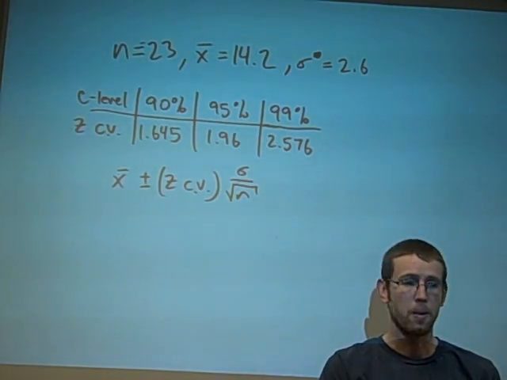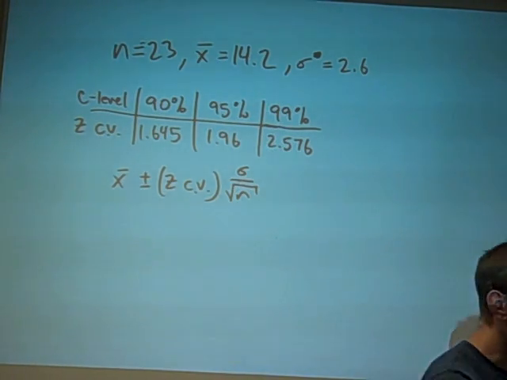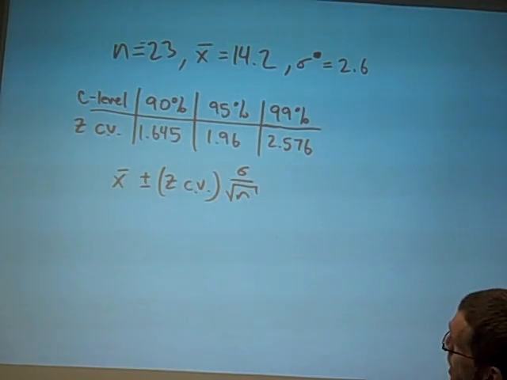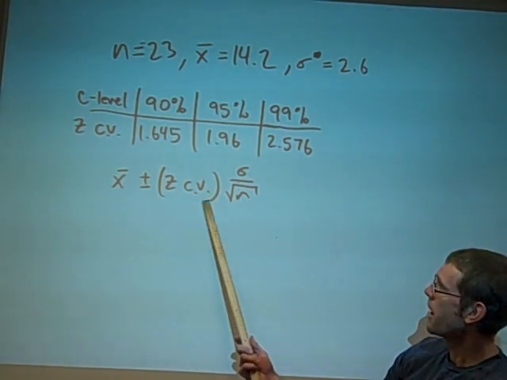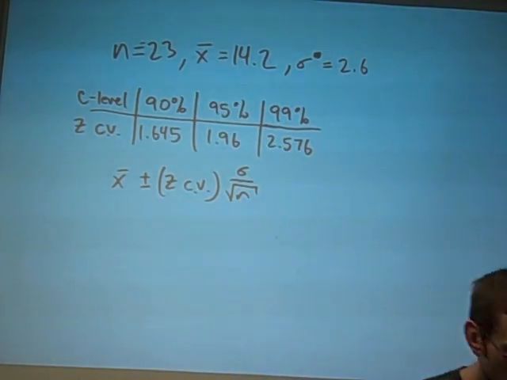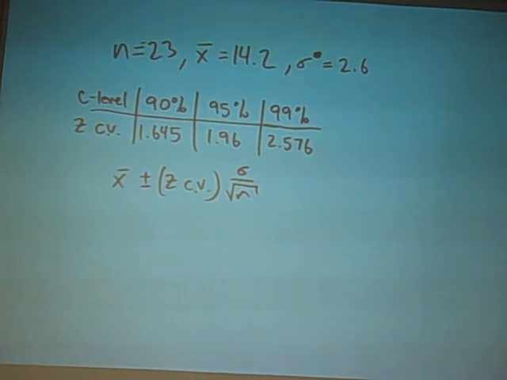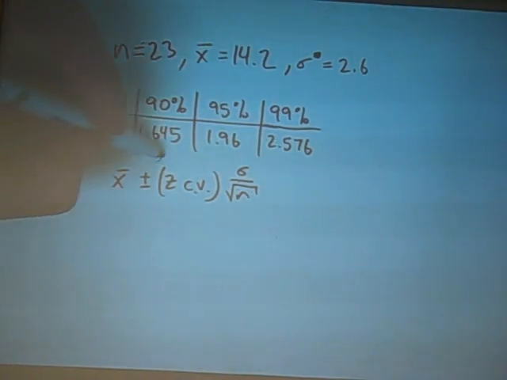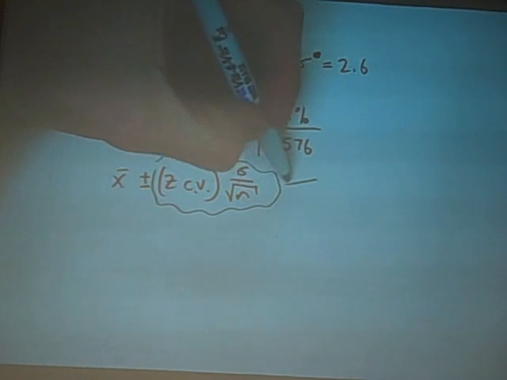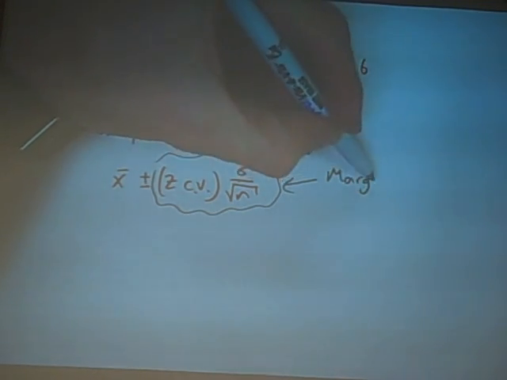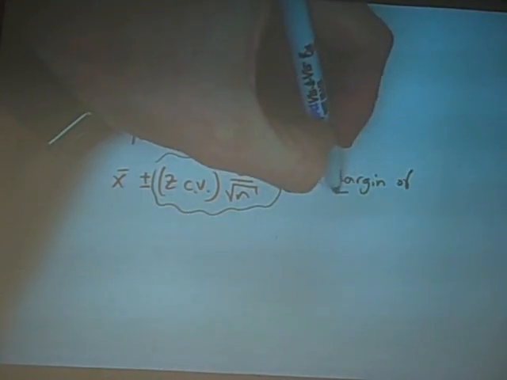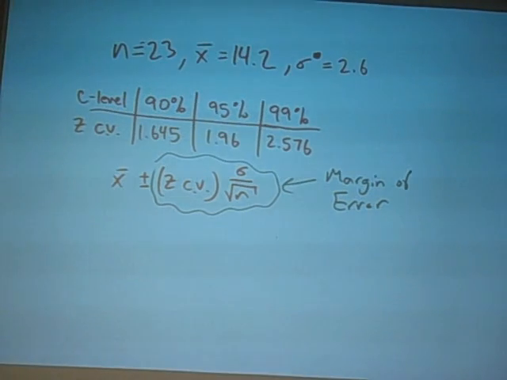And so when we talk about proportions, we'll mention that in that context. But for right now, the margin of error is literally just the thing that you add and subtract. So if I ask, tell me what the margin of error is, that's what this piece right here is. That's the margin of error.